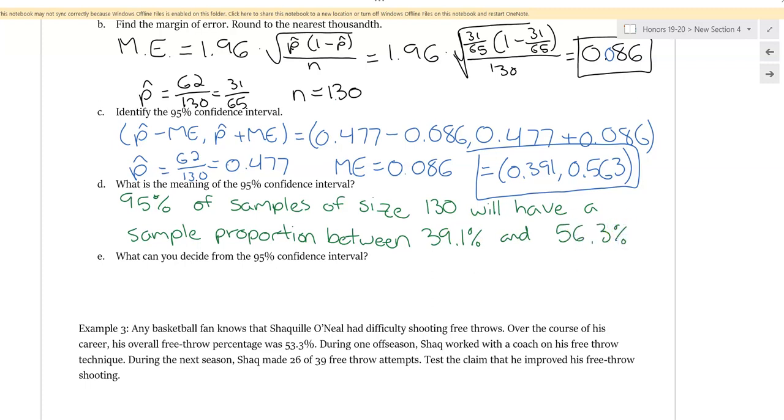All right, so if I took an infinite number of samples of size 130, 95% of those, when I find what proportion have U.S. authors, 95% of those proportions will be between 39 and 56, right? So that's where I would expect my actual sample proportion to be.